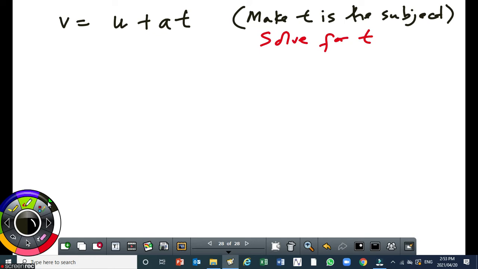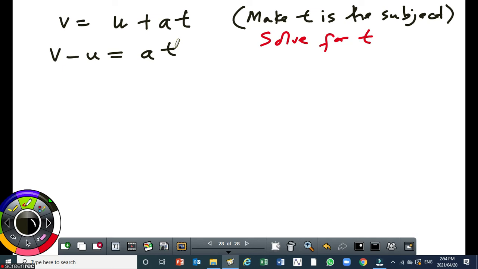If this U was a specific number, like say 10, how would you carry on? You take the 10 to the other side. The same ideas that you use when solving linear equations will apply here. The only thing is that we don't have numbers. So if I want to solve for T, first thing, I'll take the U to the left, like that.